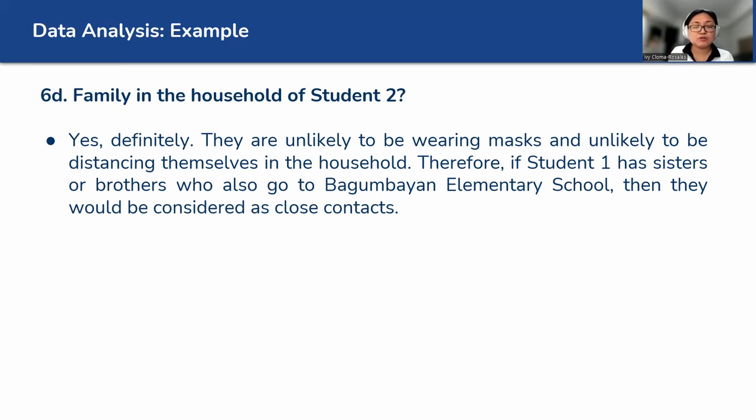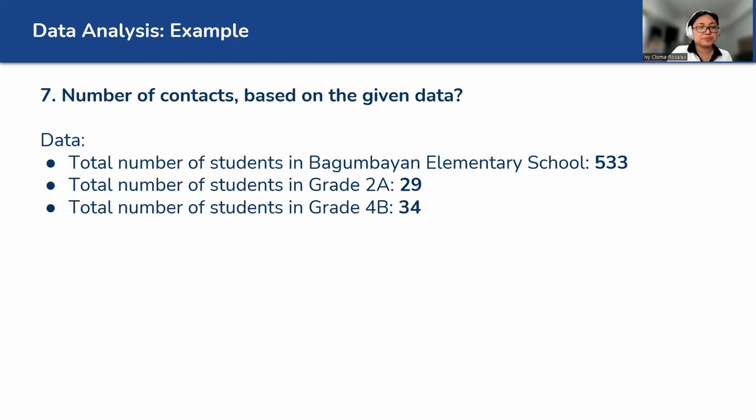How about family in the household of student 2? Similarly, yes, definitely. Because in the house, again, you have very close and direct interactions. So if student 2 has sisters or brothers who also go to the school, then they would be considered as close contacts.